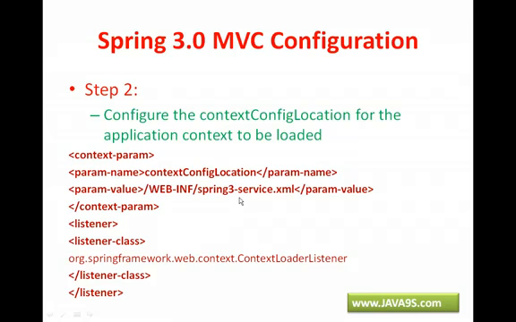That is the XML which will have the details of the bean wiring. So it can be Spring context.xml, or some customized name, and this will be loaded by the context loader listener. We'll say more about this configuration when we start doing an example.